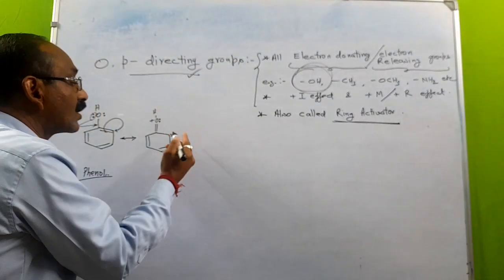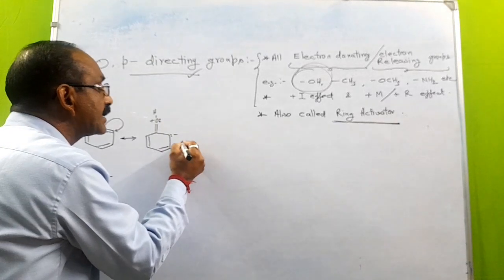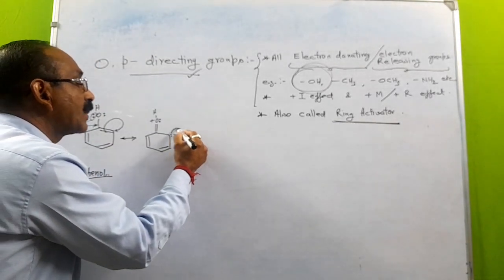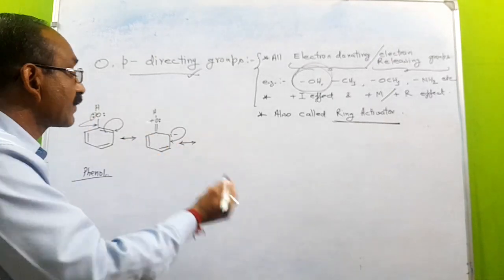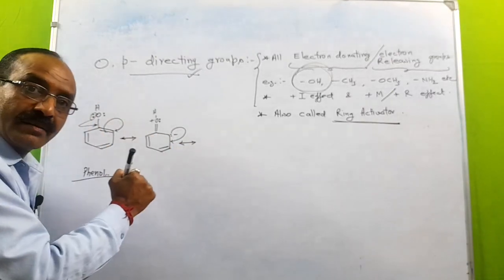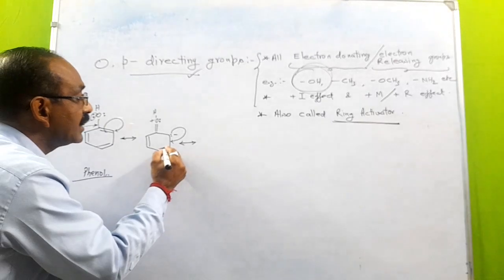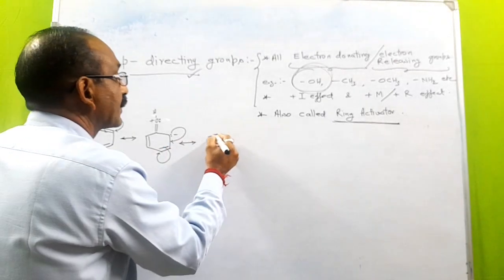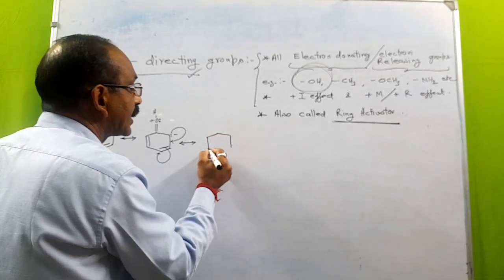Now, in order to minimize the stress, this electron pair will shift in the forward direction. Now this carbon will become pentavalent. So simultaneously the pi electrons will shift to the next carbon and we'll get another resonating structure.